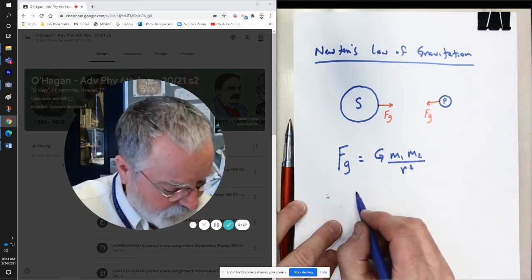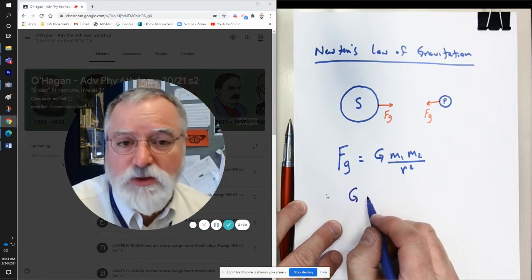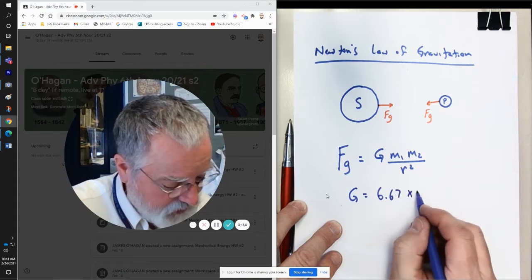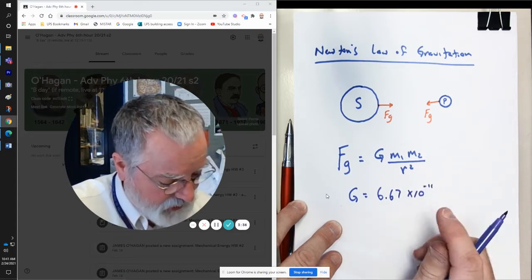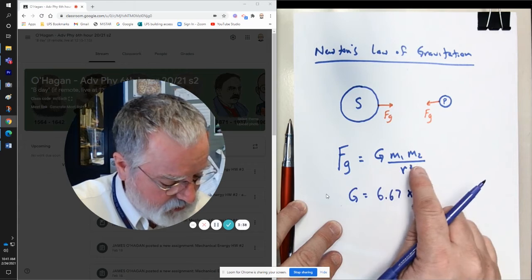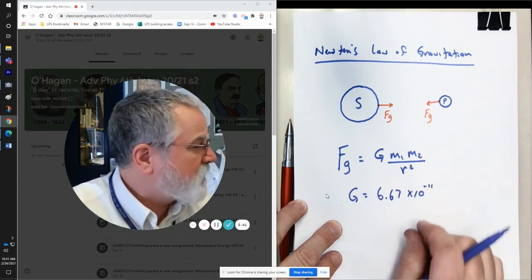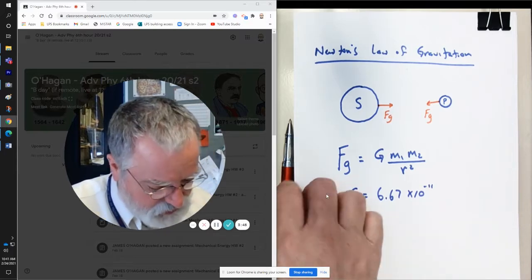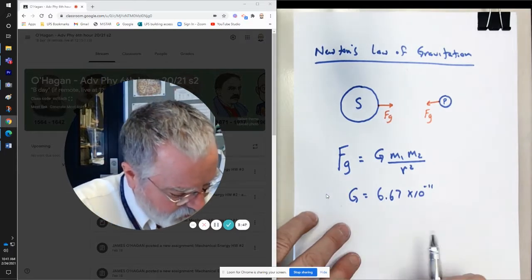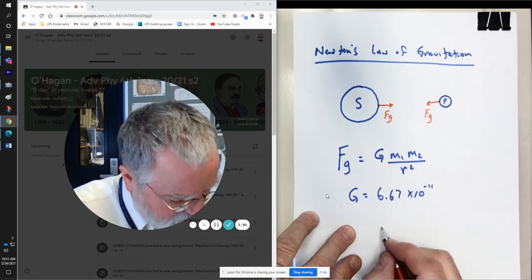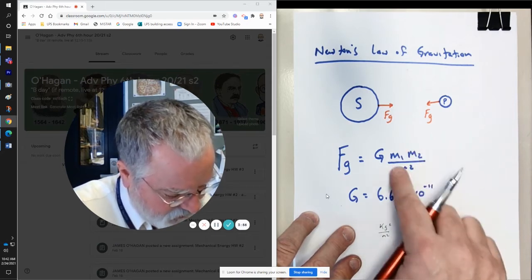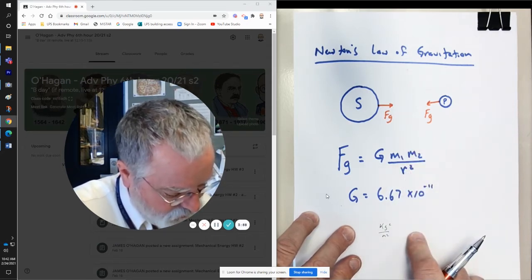I've got to let you know, big G, this universal gravitational constant, is equal to 6.67 times 10 to the minus 11. And the units on this have to end up being newtons. So what are my units up here? I've got kilograms squared over meters squared, and this eventually has to get to be newtons.